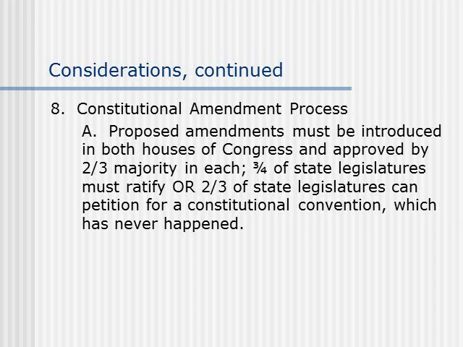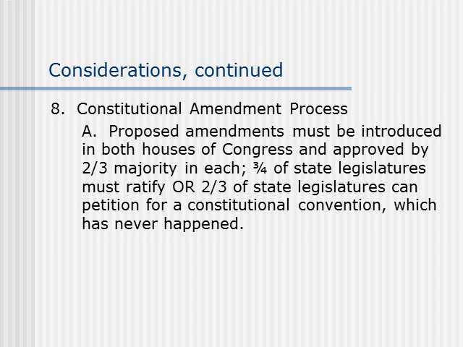And the way we've always done it is that the houses of Congress will vote for an amendment, 2/3, and then it goes 3/4 to the states. And in all but one case, state legislatures have passed amendments.